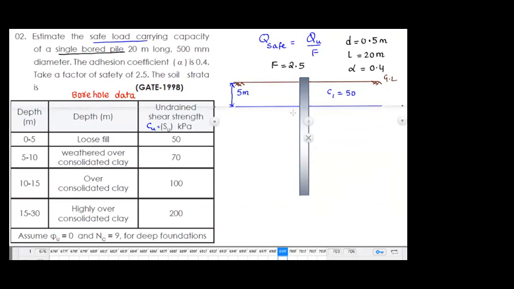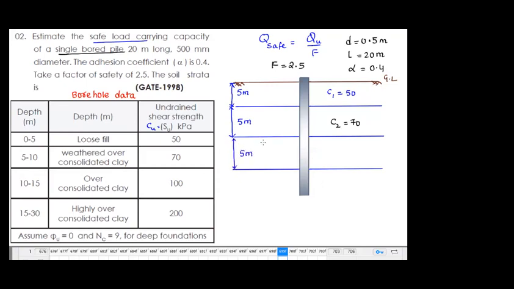In the next 5 to 10 meters, C2 cohesion is going to be 70. And in the next 10 to 15 meters, C3 is equal to 100.